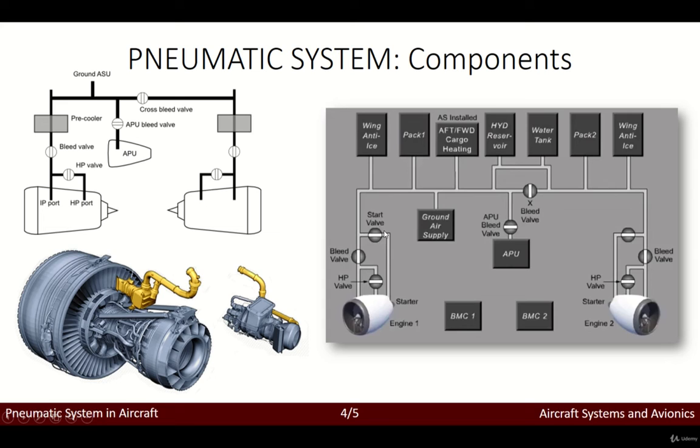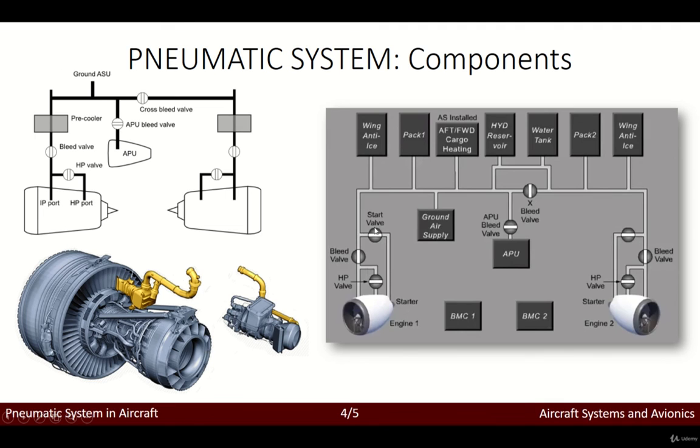If leakage is detected, the BMCs are signaled and they automatically shut down the affected area. Engine bleed air is tapped at two compressor ports known as the intermediate pressure and the high pressure port, which we mentioned before. The high pressure port only provides air when the intermediate pressure is insufficient. The system automatically controls the delivery of air from the HP port using an HP valve.